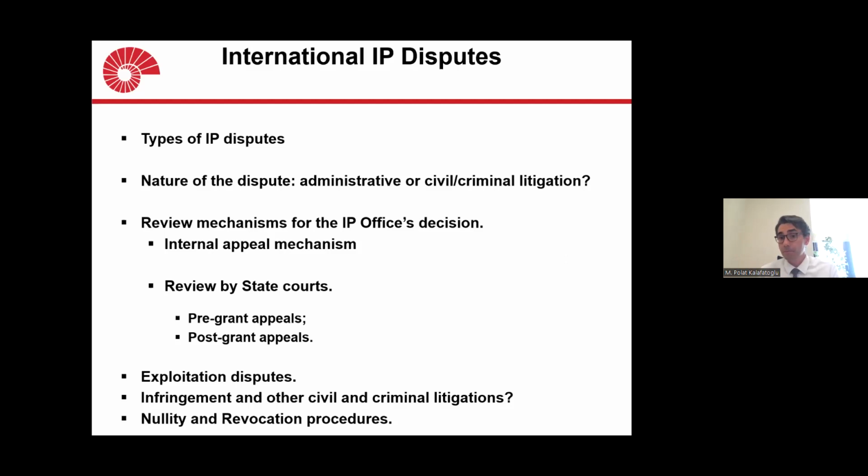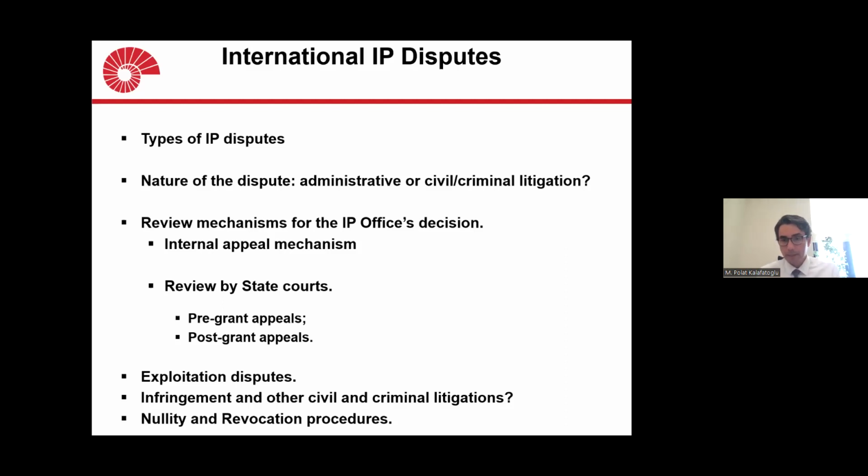At that moment, this dispute will have an administrative nature. Then we also have reviews made by the state courts against the decisions of the IP offices. It may be a review before granting the IP right, so before the registration, if you are dealing with patents or trademarks, and there may also be disputes after the registration, so post-grant appeals.